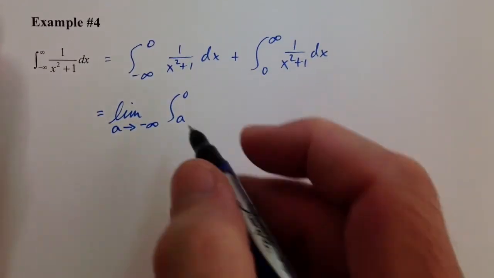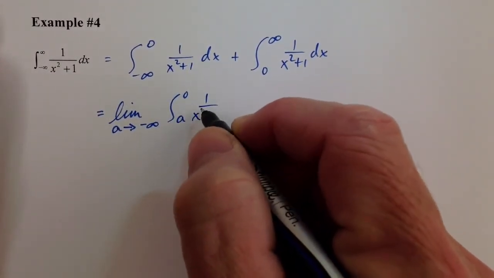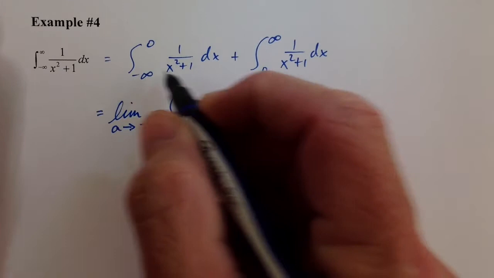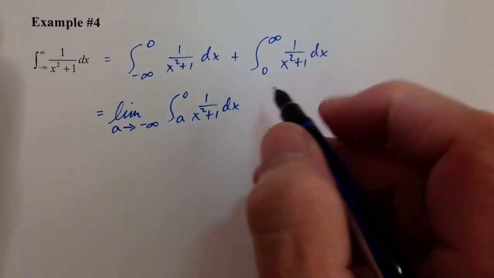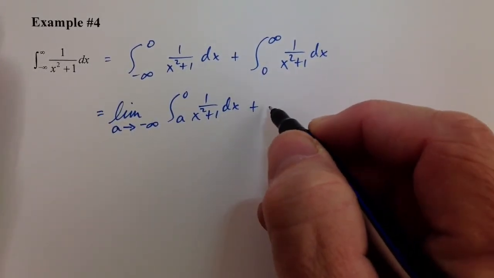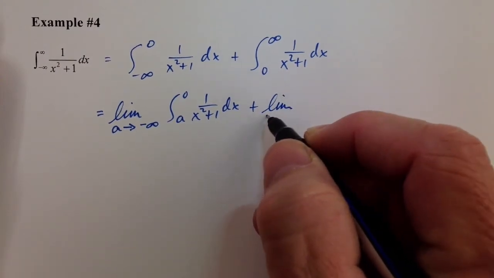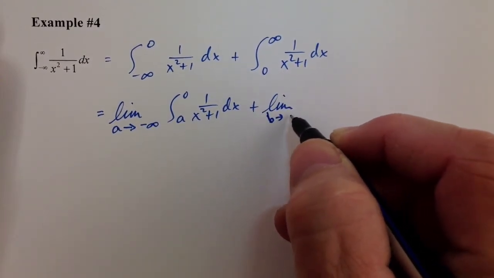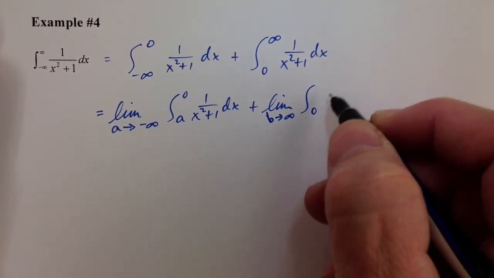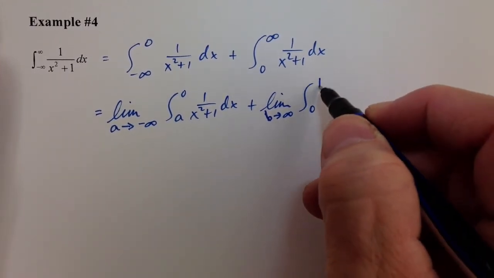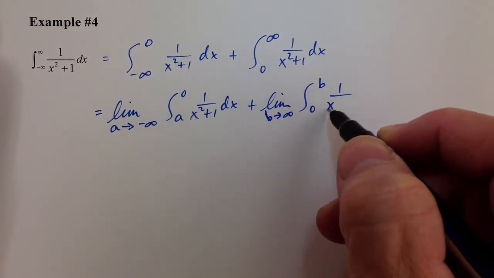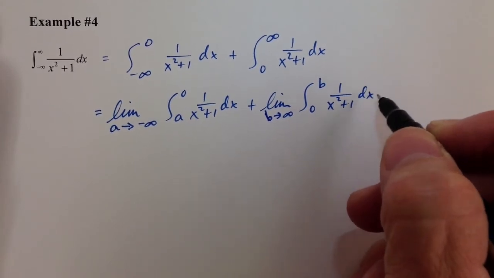We just replace the negative infinity with a and send a to negative infinity, and then over here, just like we've done before, we're going to let b approach positive infinity, and evaluate the integral from 0 to b of 1 over x squared plus 1 dx.